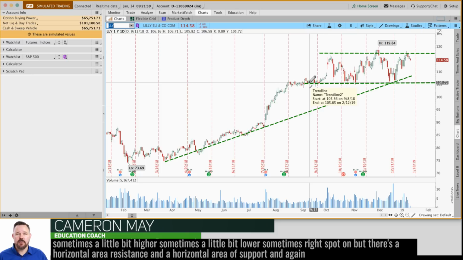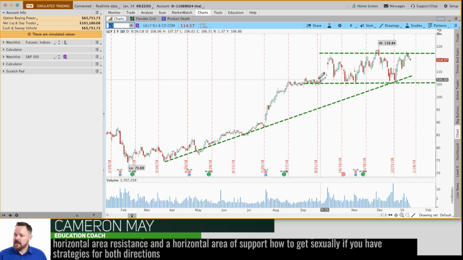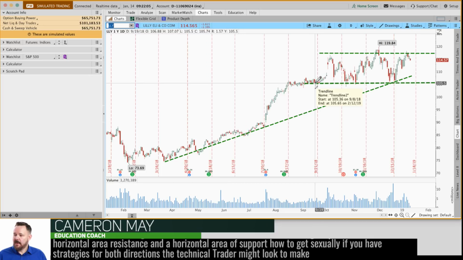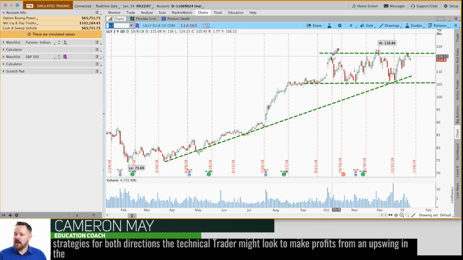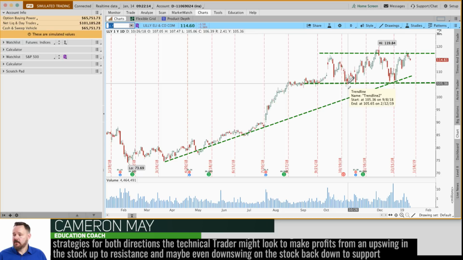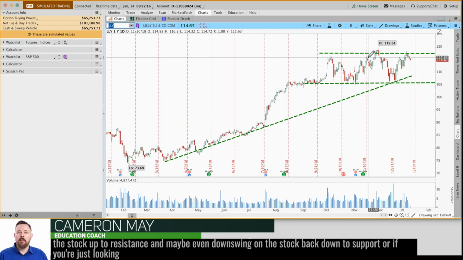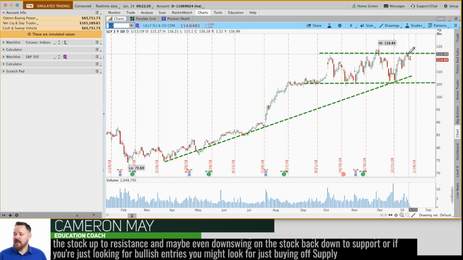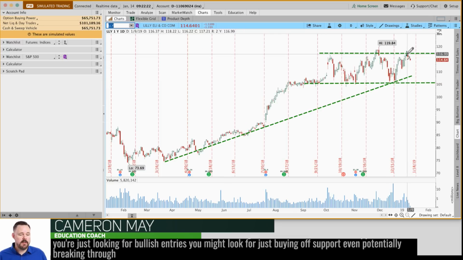And again, conceptually, if you have strategies for both directions, a technical trader might look to make profits from an upswing in the stock up to resistance, and maybe even a downswing back down to support. Or if you're just looking for bullish entries, you might look for just buying off support or even potentially breaking through a resistance level.